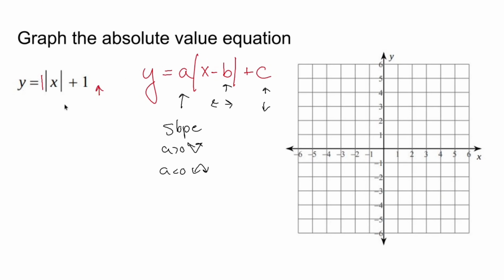So the best way to view this is you have a slope of 1, or 1 over 1, opening up like this, and you start by shifting it up 1. So you start at 0, you shift up 1, and then you have a slope of positive 1 like this, and a slope of negative 1 like this.